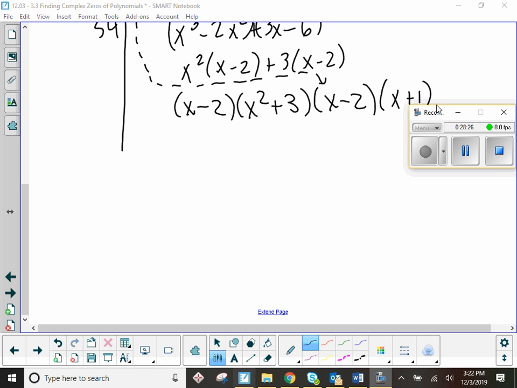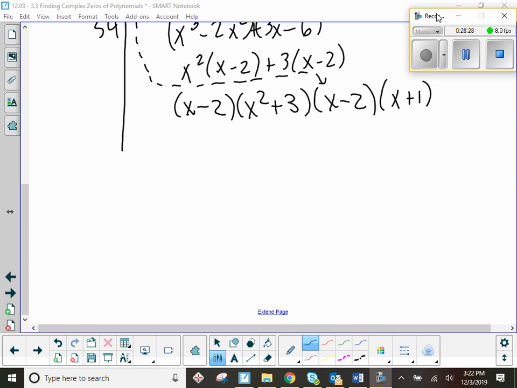So this one gives me a 0 of 2. This one 2, this one -1. By the way, what's up with that 2? That's a what? It occurs twice, so it will bounce if we're graphing, but it's a double root, right? And then solving this one, set it equal to 0, gives you x squared equals -3.